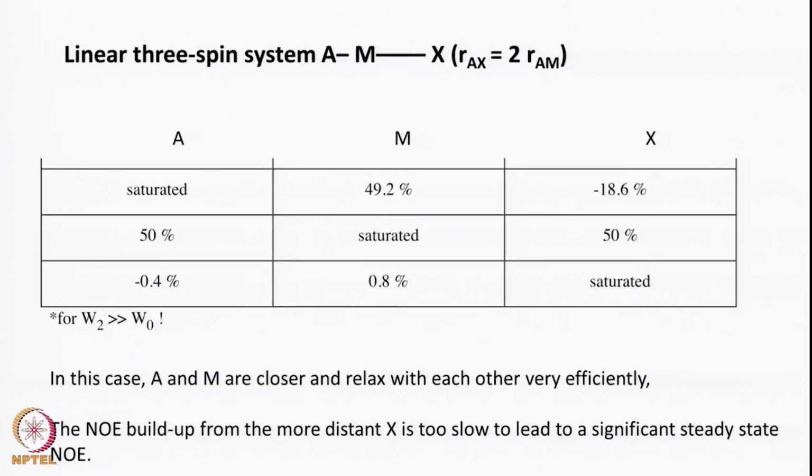But let us see what happens if the distances are different between A, M, X. Say here the AX distance is 2 times more than the AM distance.